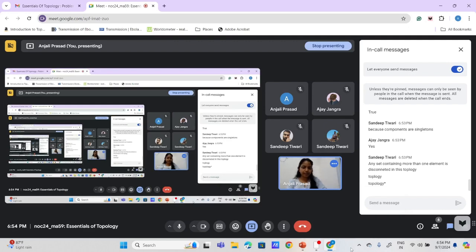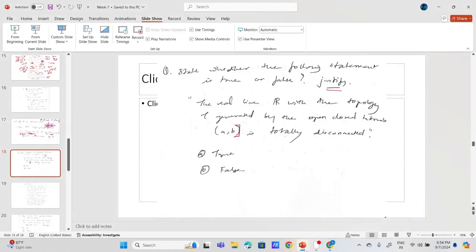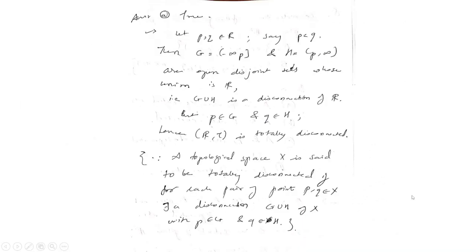Okay, let's see the solution. So yes, it is true. How can we prove it? We have that a topological space X is said to be totally disconnected if for each pair of points P, Q belonging to X, there is a disconnection G union H of X with P belonging to G and Q belonging to H. Okay, that is, only one point should be there.